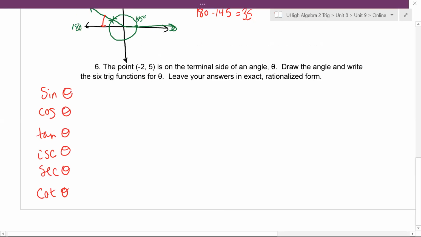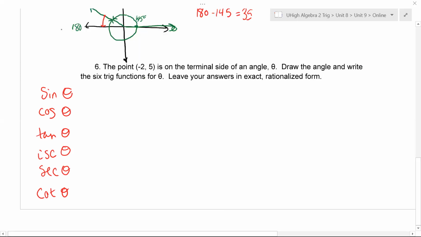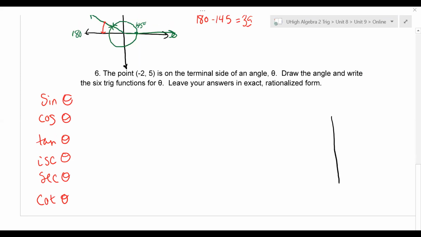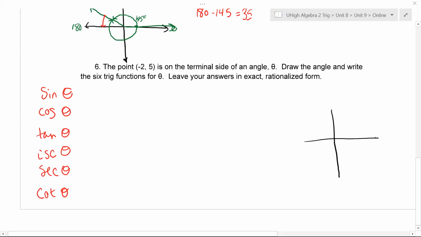Okay, so let's go ahead and draw this angle over here. So if I'm at -2, 5, I'm going to be somewhere over here. I'm going to draw that angle. And I could look at that right triangle that's created. I know my horizontal distance was -2. My vertical distance was 5.